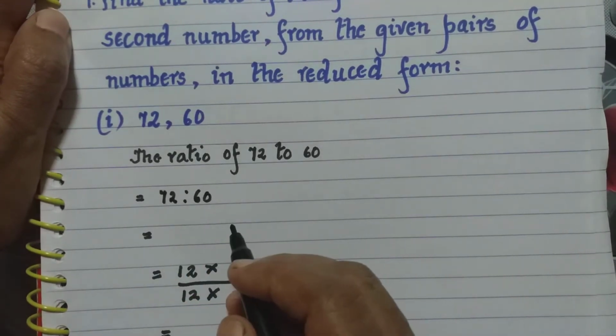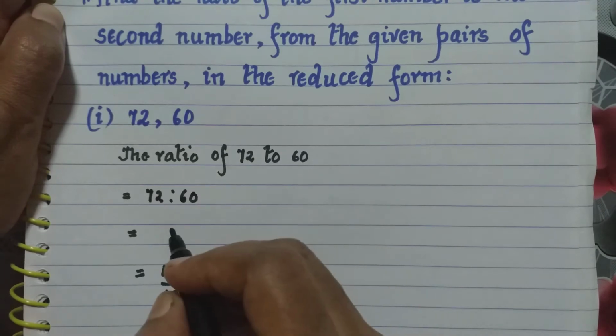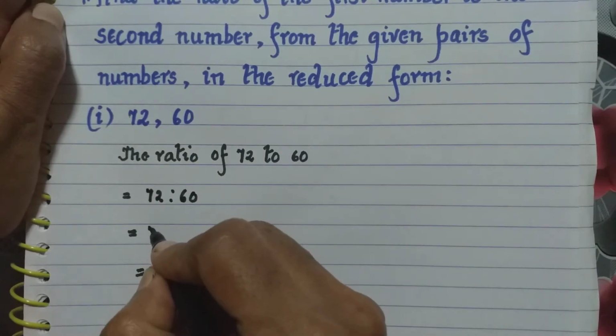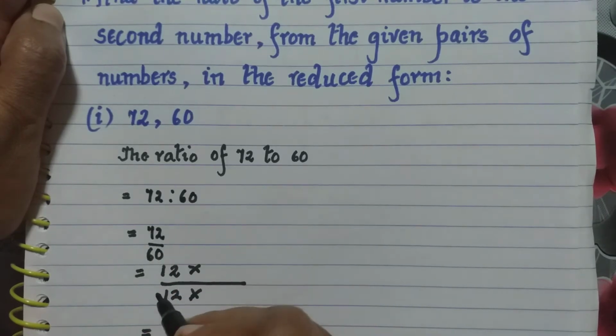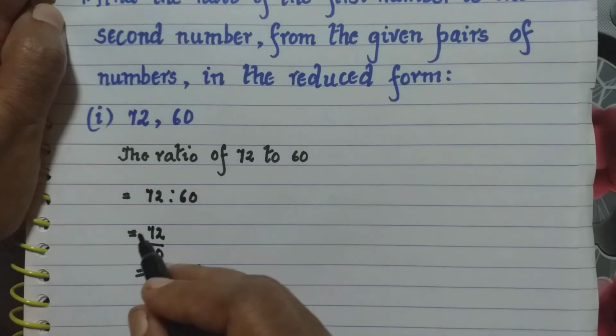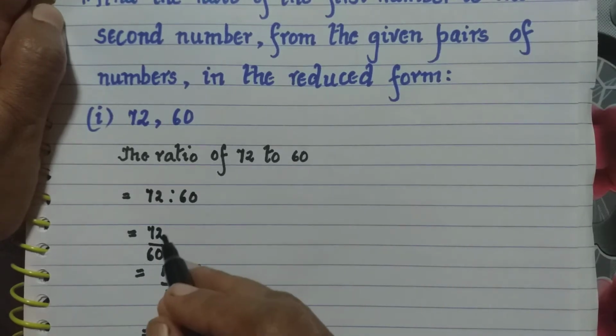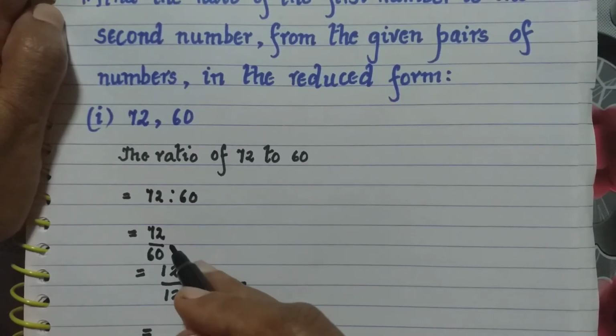Now, when I want to simplify it, or convert it to the reduced form, I write it as a fraction. So 72 upon 60. Now, when I have to further simplify it, I write each of these terms, the numerator as well as the denominator, as a product of their factors and as a product of their common factors.